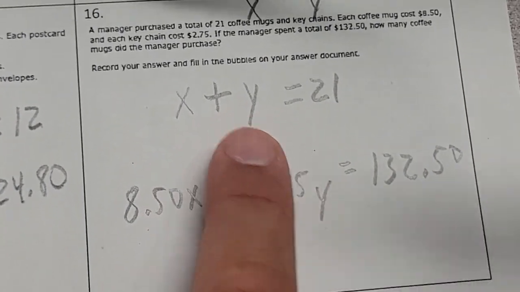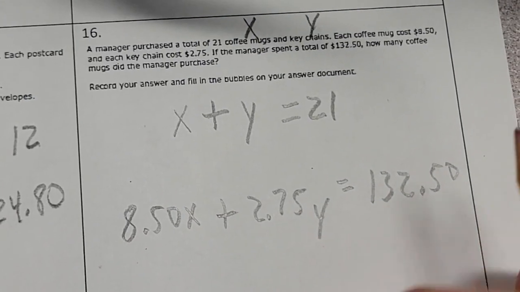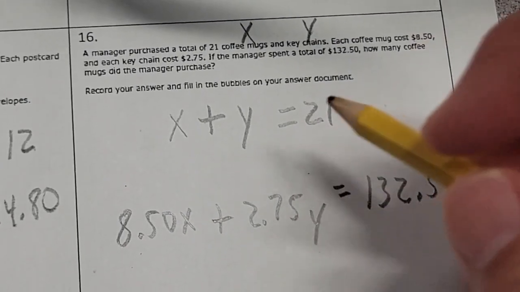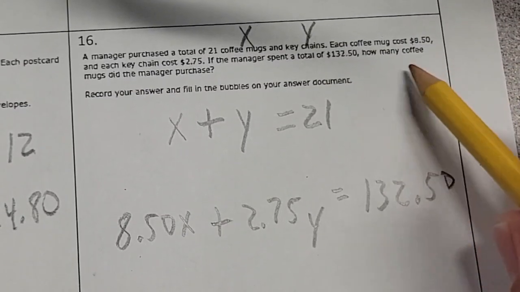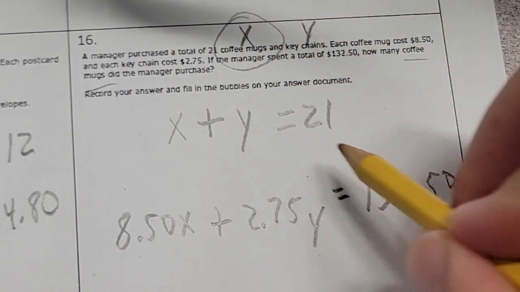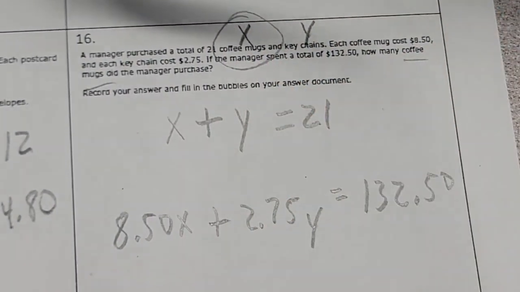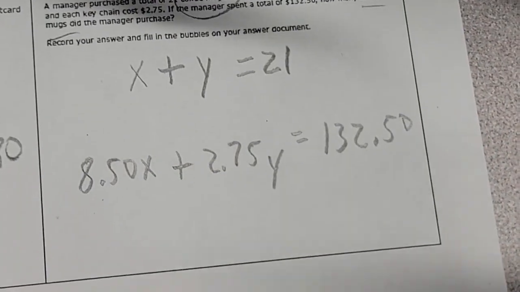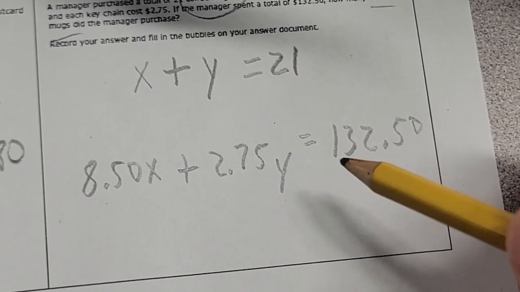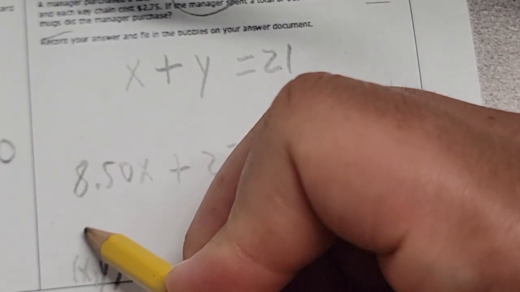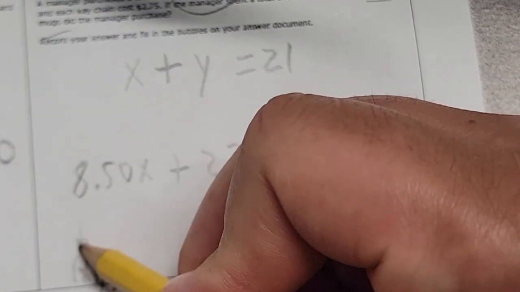All right, do your little Y equals thing. And it says, excuse me, how many coffee mugs? Coffee mugs are supposed to be the X's, right? So when you find your points, when you do your little kick and divide thing, you're gonna find the X. So X comma Y, my answer is the X number.